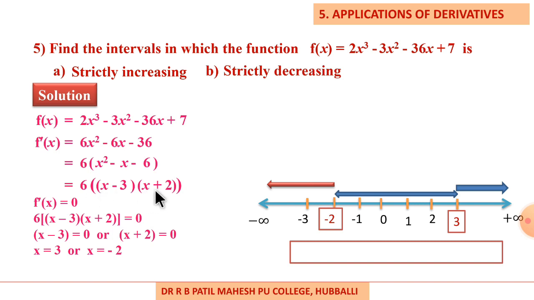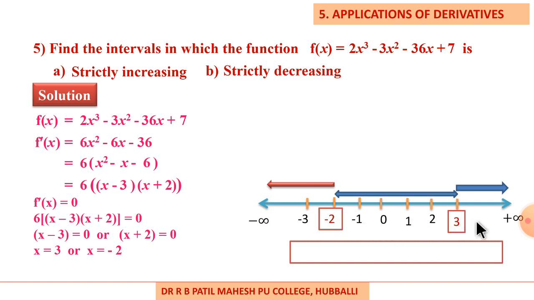So plus 54. You only have to check the sign here. If it is positive, then strictly increasing. If you get negative, then strictly decreasing. If you substitute minus 3, we get a positive number, that is greater than 0. So minus infinity to minus 2 is strictly increasing. Minus 2 to 3 is strictly decreasing.